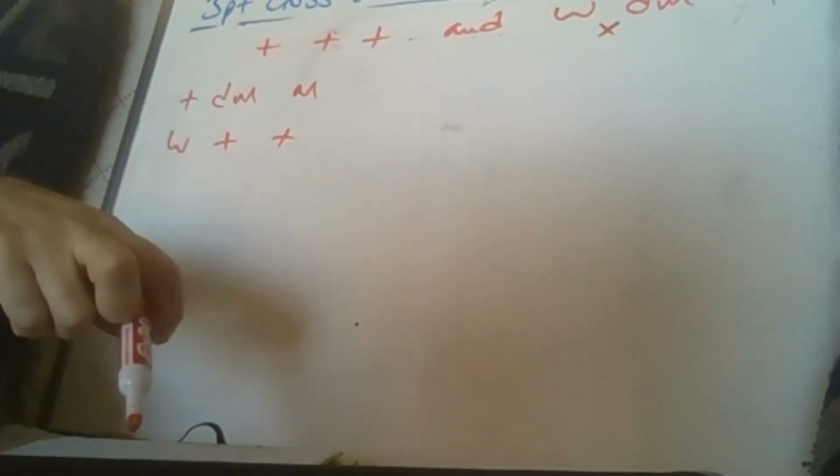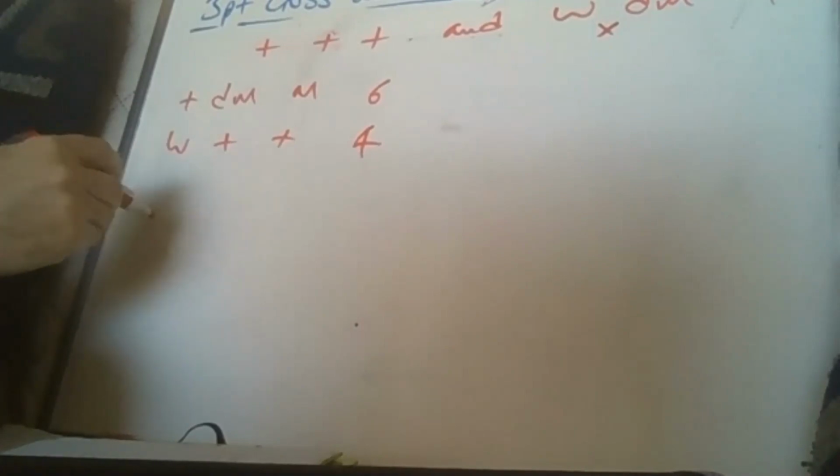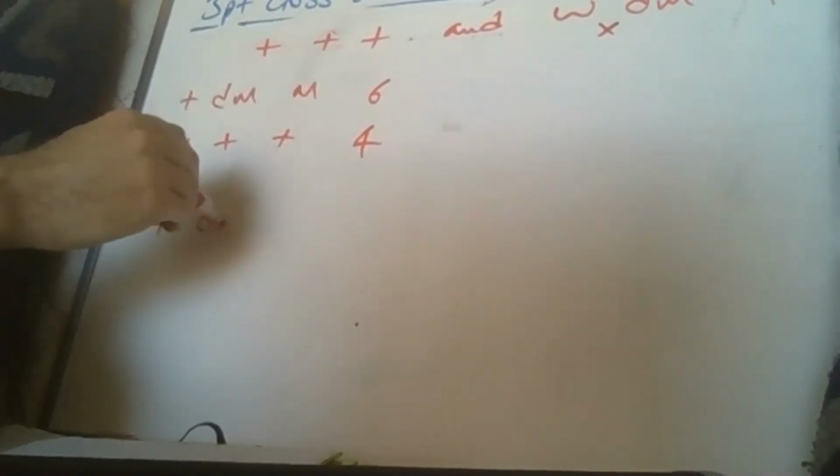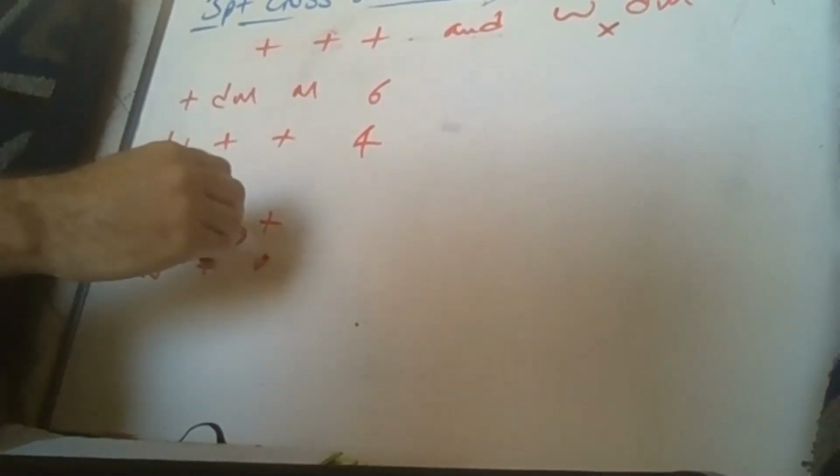Right, these ones are 6 and 4. And we have our double recombinants, which are plus DM plus and W plus M. These are 3 and 2.